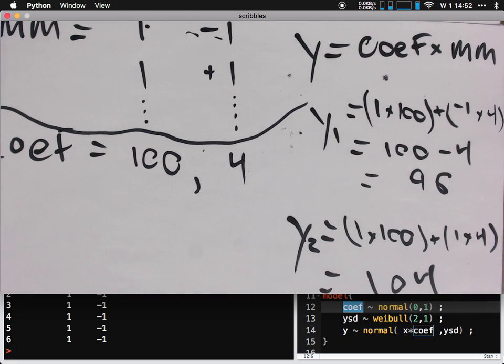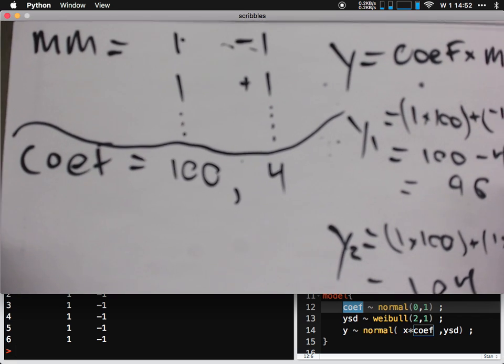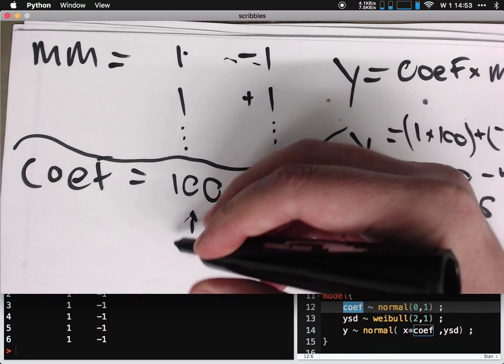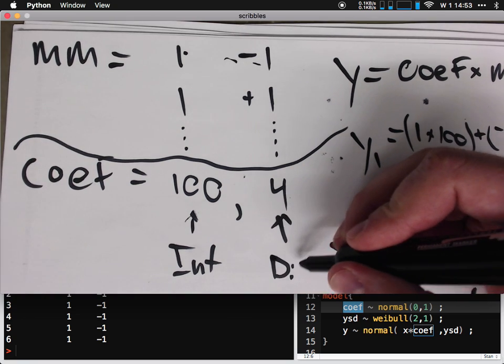Hearing you say that's how it works when you do a matrix multiplication, I guess it does make sense. So in that coef value, where it's 100, with a credibility of 4, am I interpreting that correctly? When it's 100 comma 4, the 4 is the difference. So this is the intercept, and this is the credibility, the diff.